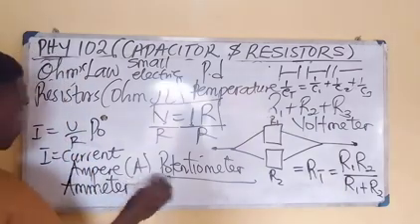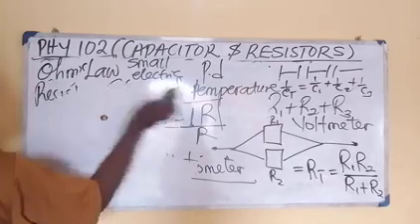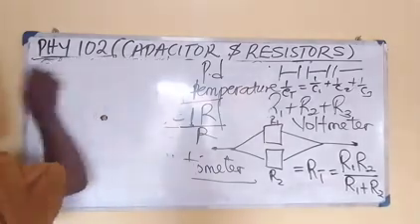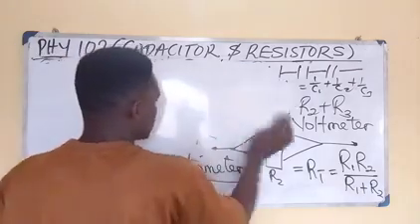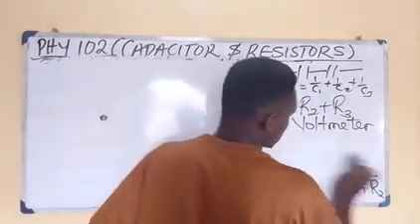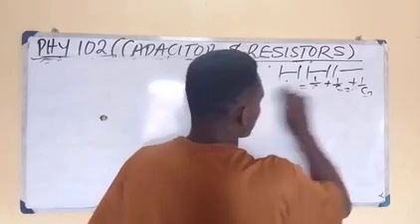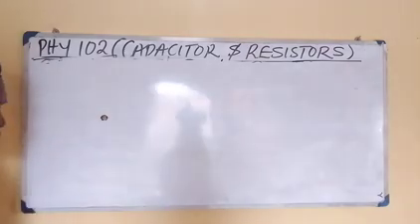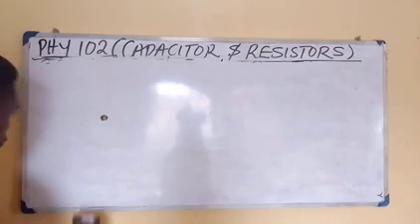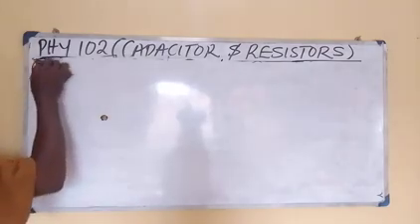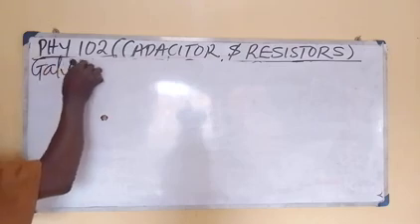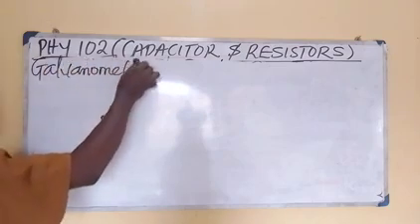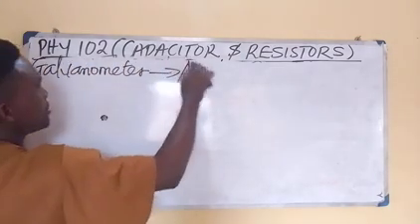Now, when we talk of galvanometer, we said that it is a device used for detecting the presence and direction of small electric charges. Note that a galvanometer can be converted to what? Ammeter.